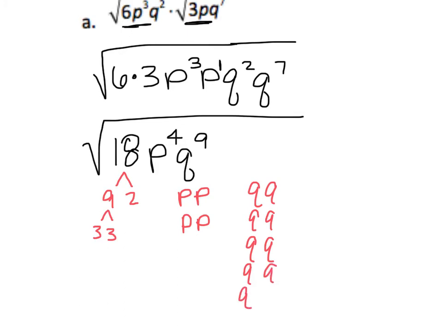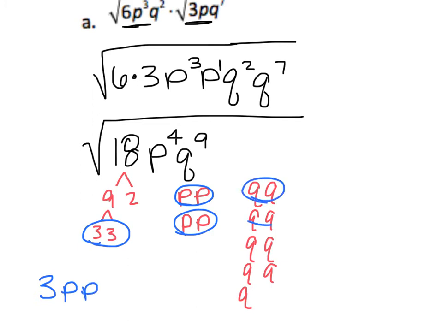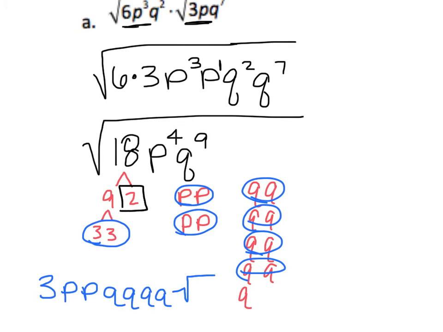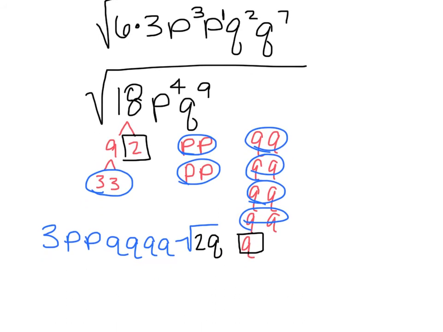Okay, so looking for groups of 2, I have one group of 3, 2 groups of P, and 4 groups of Q. And now for the leftovers, there is a 2 left over from the 18. There are no P's left over, but there is a Q left over. So the final answer, when you simplify, the outside will be 3 P to the second, Q to the fourth, square root 2Q.